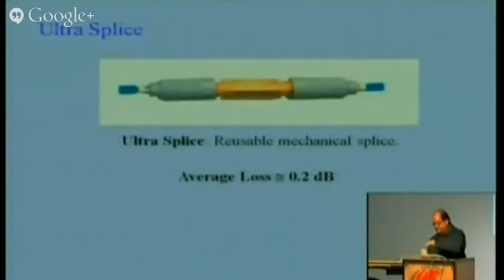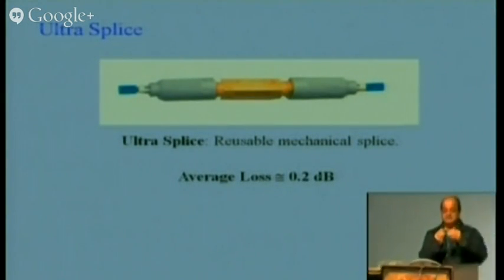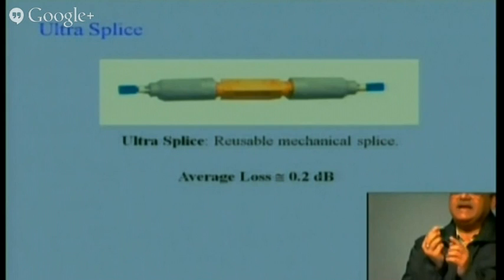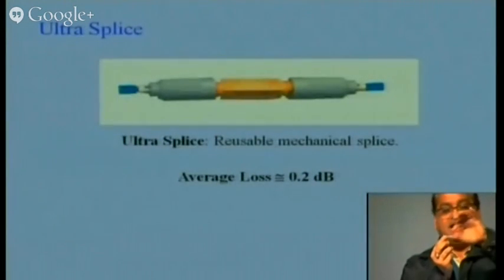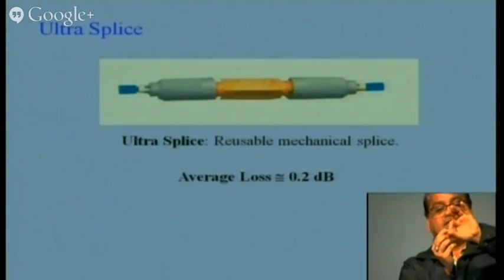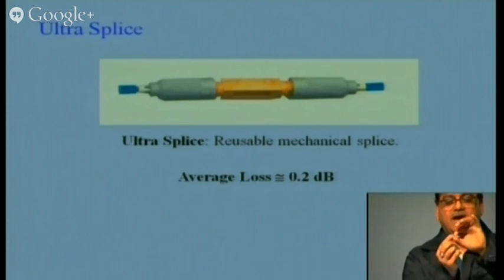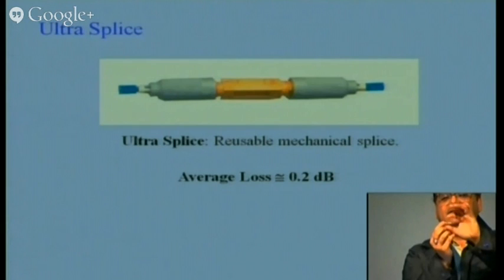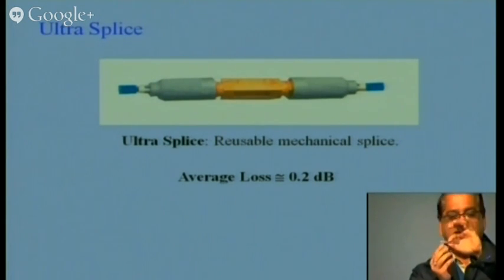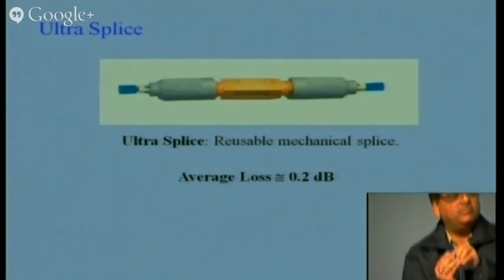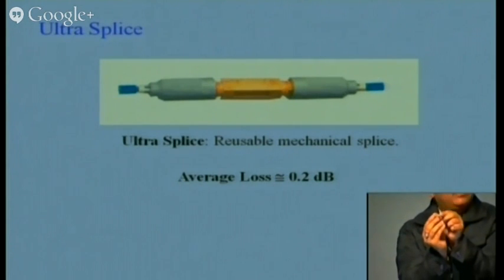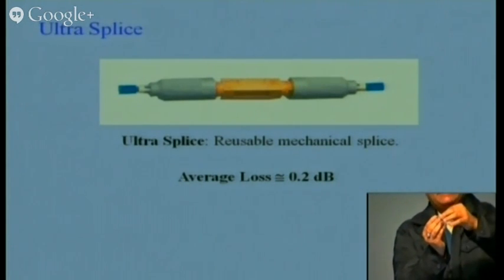Just it has two sides, and this is screwable. I can loosen it and insert the fiber. I can loosen the other side and insert the fiber from this side, and in between there is a window. So I can see when the two fibers come near to each other, then I will tighten it.